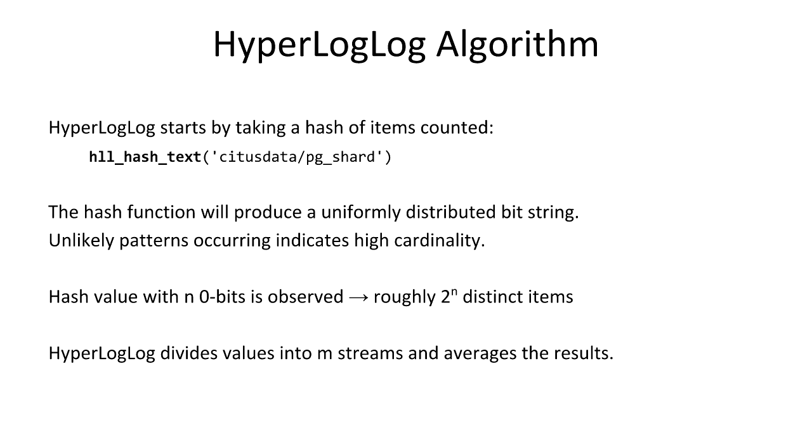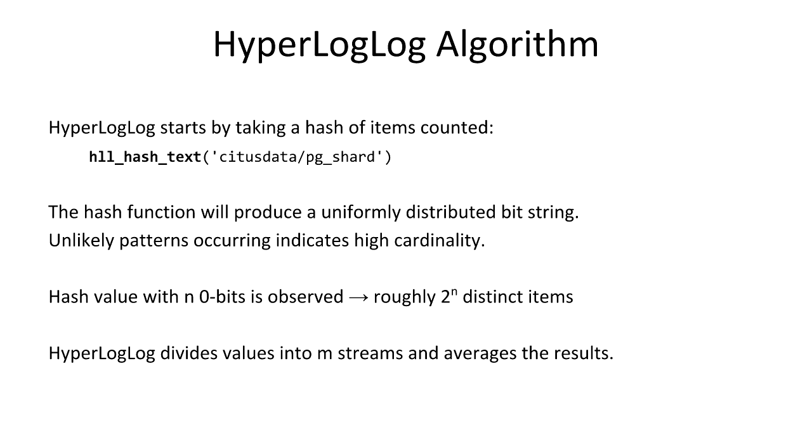Now, the way HLL works is it has the reasoning that if you take the result of a hash function, this bit string, and you see certain unlikely patterns occurring, that probably indicates that you've seen a lot of different items.